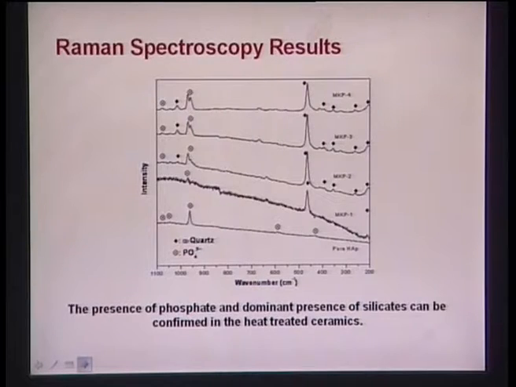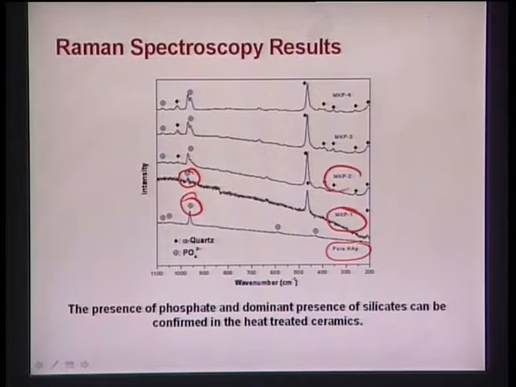Now, Raman spectroscopy results essentially show you that in pure hydroxyapatite, you have a phosphate peak here, and in this MgKPO4 phase also, in the starting powder itself, prior to the heat treatment, you have this MKP1, and prior to the heat treatment your peak intensity is fairly low.